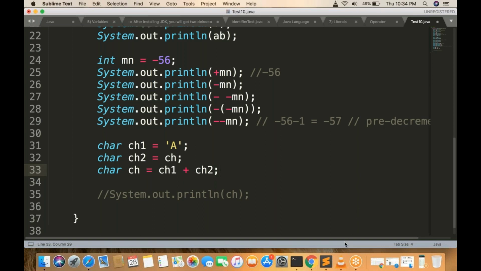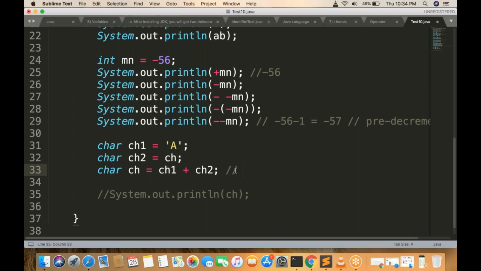Now you tell me, character type plus character type, what would be the result type? In binary operator, we have already studied, if both the operands are lower than int or int type, then the result type would be int type.